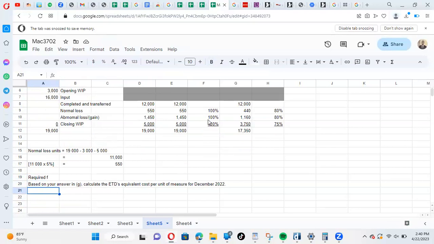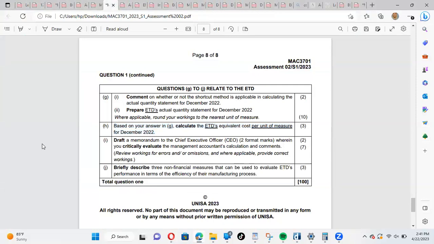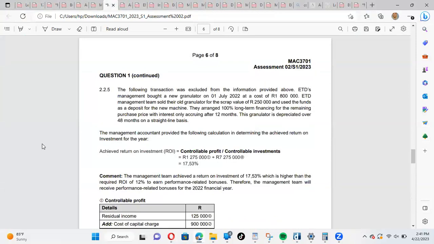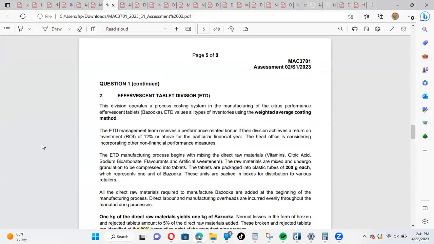And then other than that, we have this one here, the equivalent units. All right, so let's check where we fetch that information.